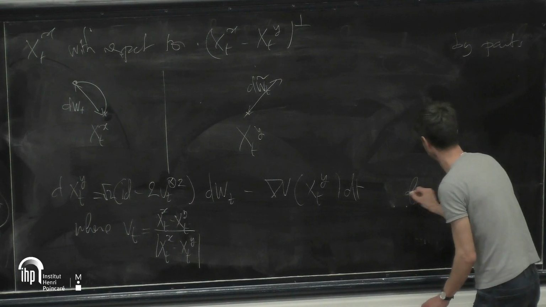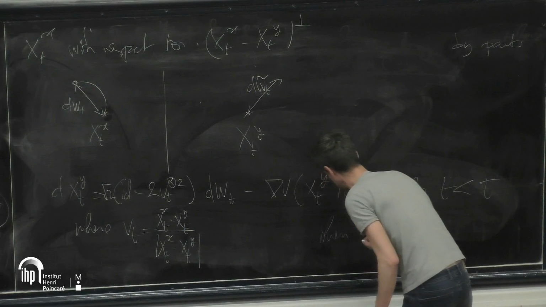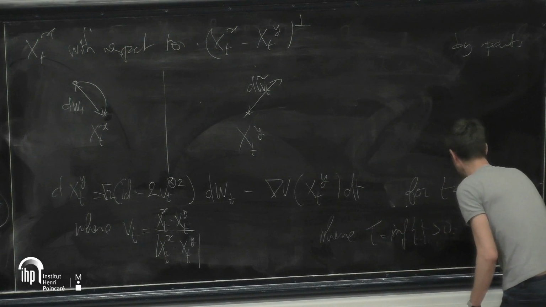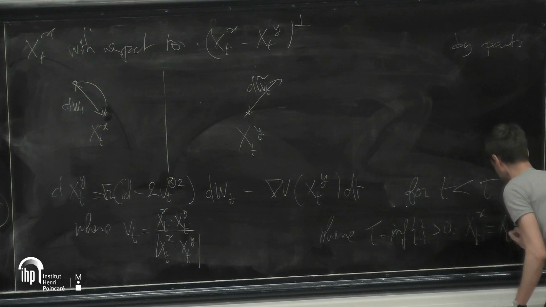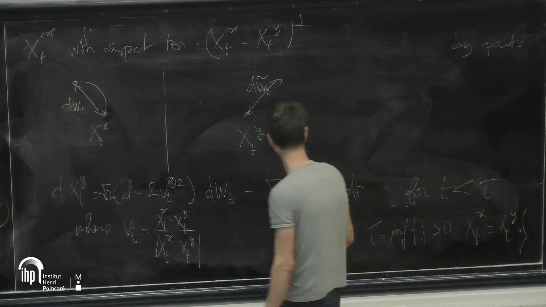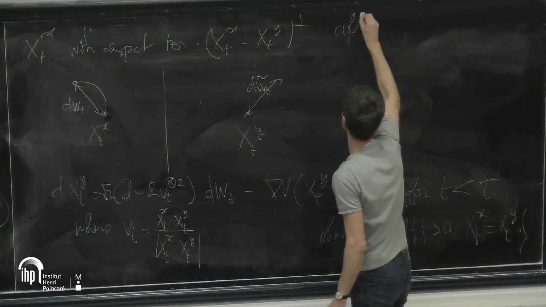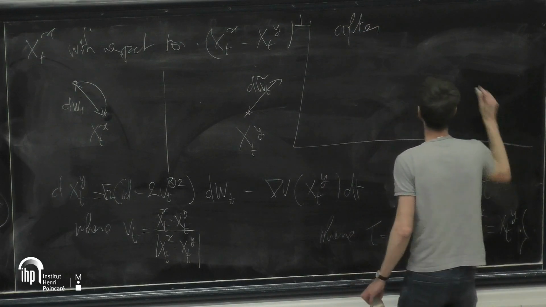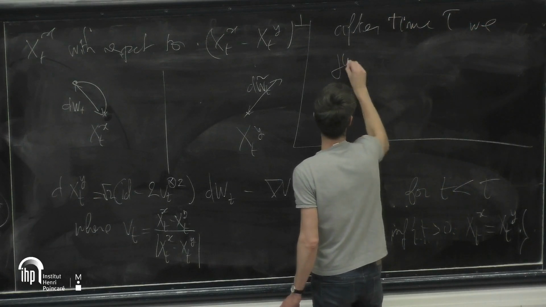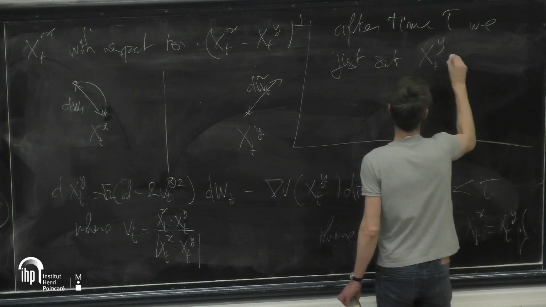So for t less than tau, where tau is the infimum time such that the two processes collide. And let me write it here. So after time tau, we just set Xt^y equals Xt^x.